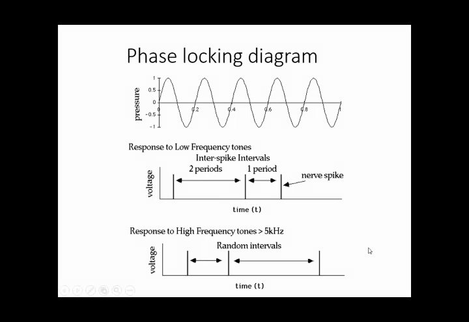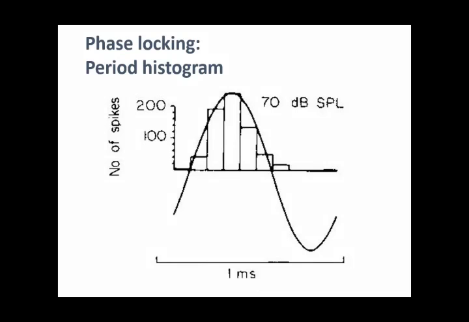If we measure an auditory nerve fiber's response to a very high frequency, above 5 kilohertz, then these spikes would be completely random. They would not be locked to the frequency anymore. We'll investigate that in a second. That's what's called a period histogram. So this is the histogram that we just built up. If we count the number of spikes in response to a waveform, we get a very good sampling.